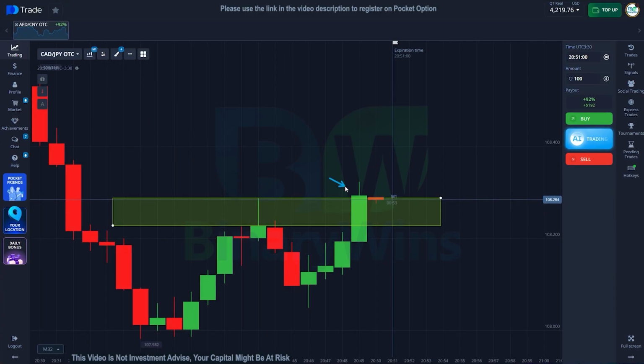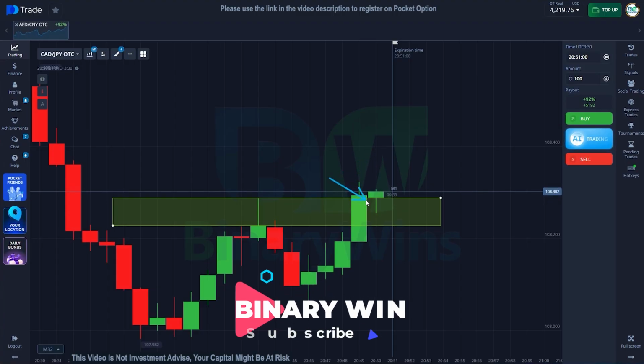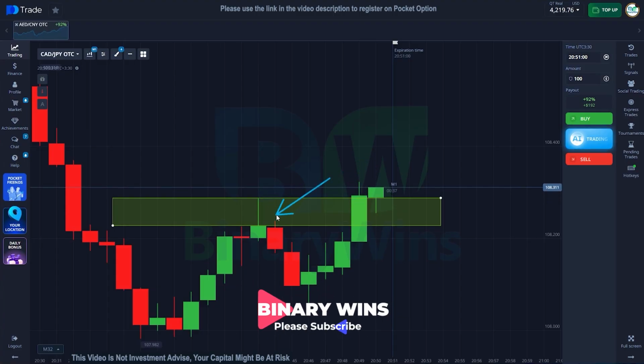I wait for the close price of the candle to close above the level. But we have to wait and see if it crosses our effective level, or if it causes a reversal and forms a red candle like before.